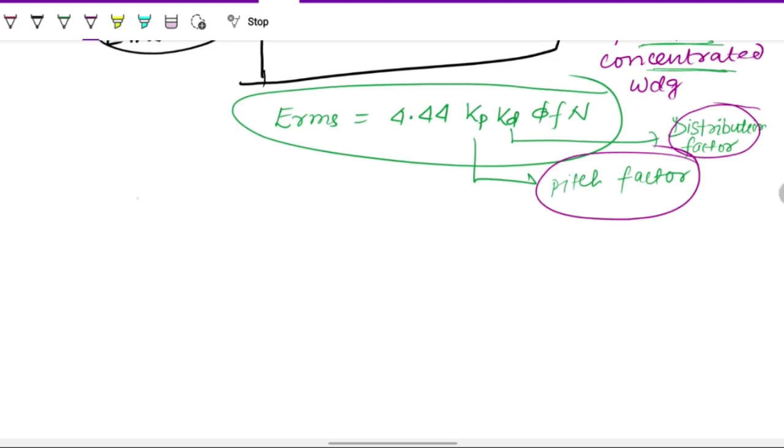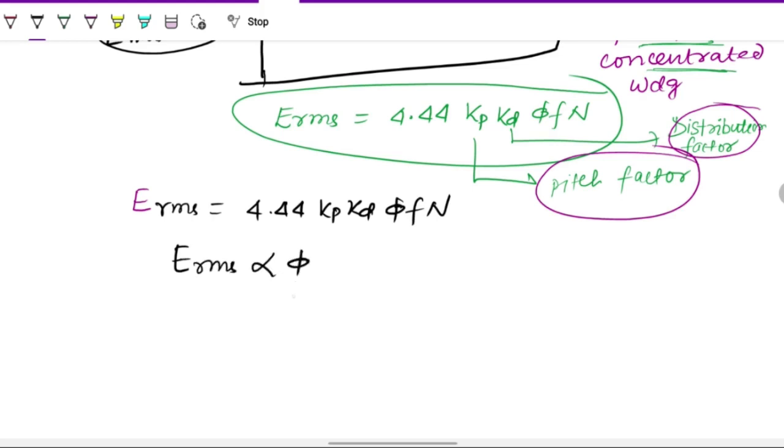So from this equation, E RMS equal to 4.44 Kp Kd phi f N. Here we see that generated voltage E RMS is directly proportional to flux density, directly proportional to frequency, and directly proportional to number of turns.